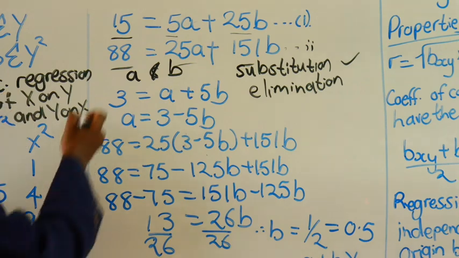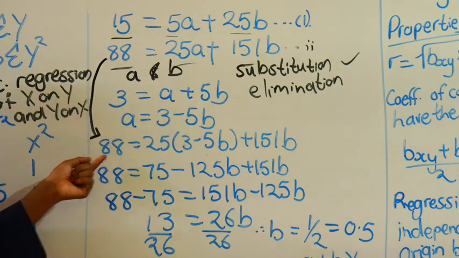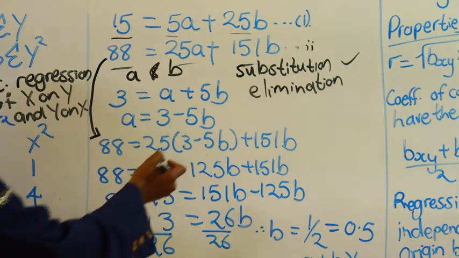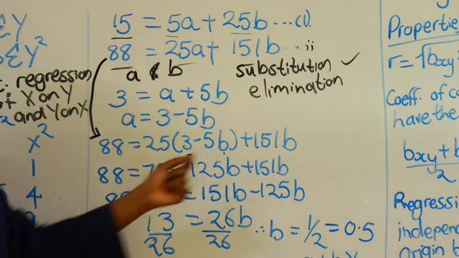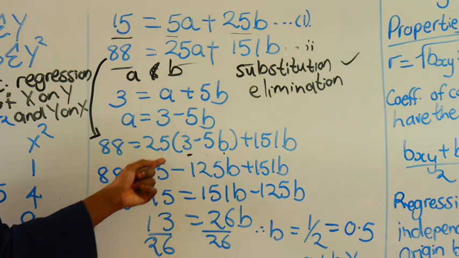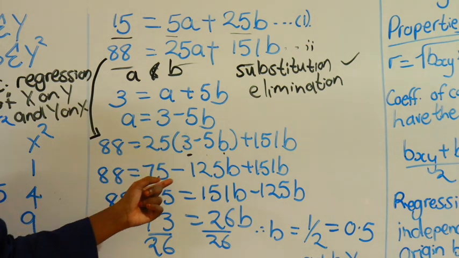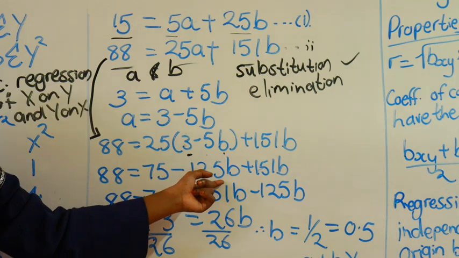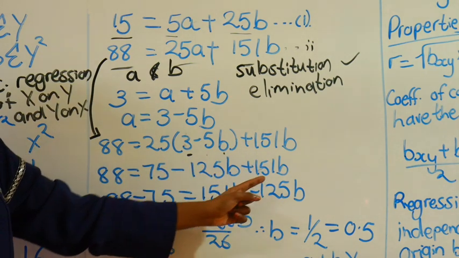So our second equation, 88 is equal to 25A plus 151B. We replace A with 3 minus 5B. So 88 is equal to 25 times (3 minus 5B) plus 151B. Now you open the brackets: 25 times 3 is 75, 25 times 5 is 125, so minus 125B plus 151B.